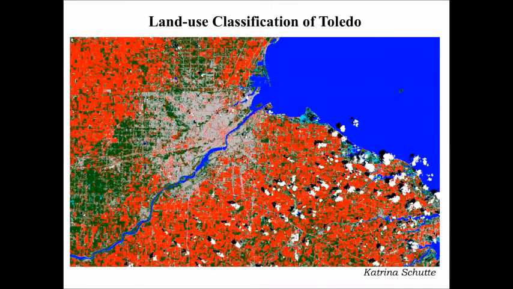So what we're doing in Toledo, this is a Landsat image showing the land cover in Toledo. We have Lake Erie in blue to the right. We have some puffy clouds. The Maumee River coming through Toledo. Gray is the city. Green is forest, oak openings forest, and red is agriculture surrounding Toledo.